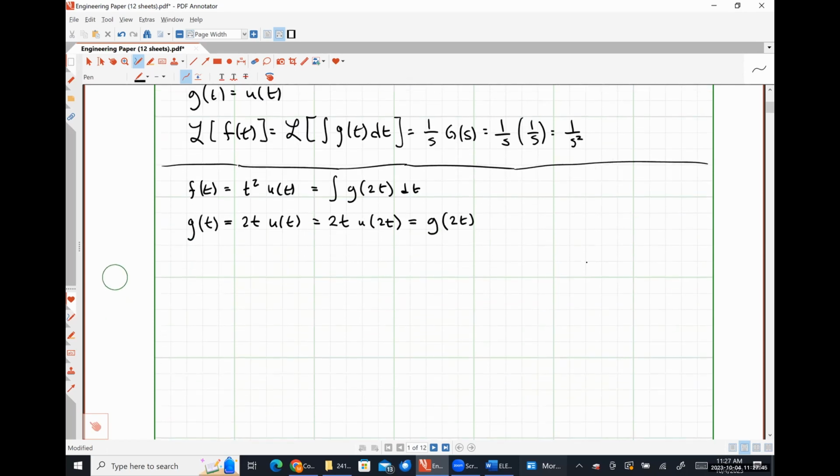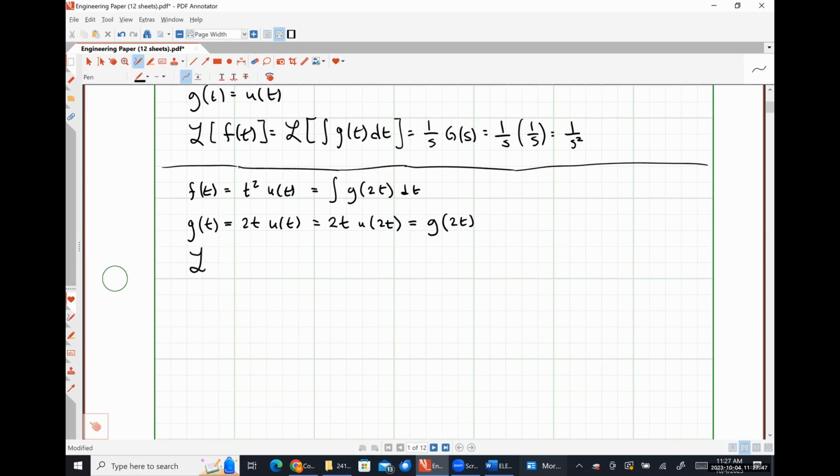So my Laplace transform of f of t is the same as the Laplace transform of the integral of g of 2t. And so now I'm going to apply my time integration property and my time scaling property, right?